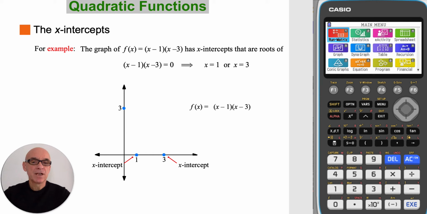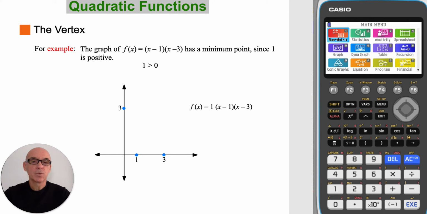The function has x-intercepts that are the roots or the solutions of the equation (x - 1)(x - 3) = 0. And the roots of this are simply the values of m and n, the values 1 and 3. So the function has x-intercepts of 1 and 3.